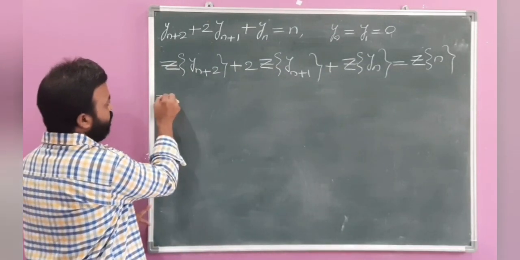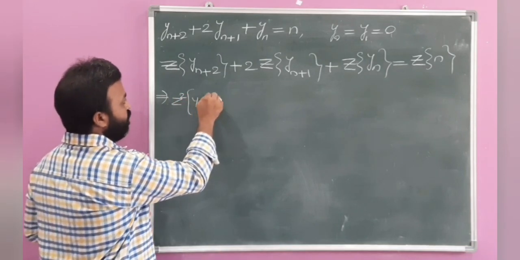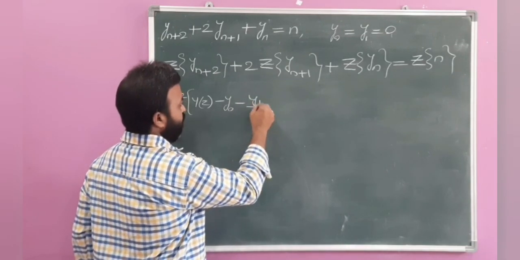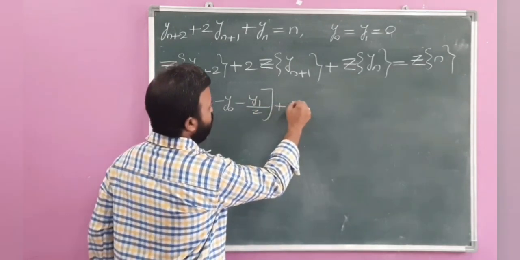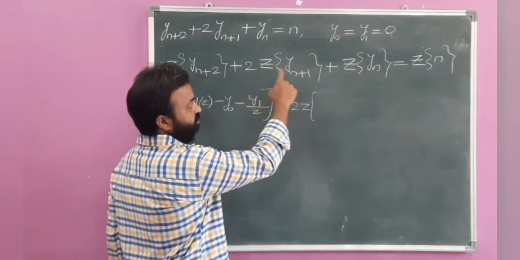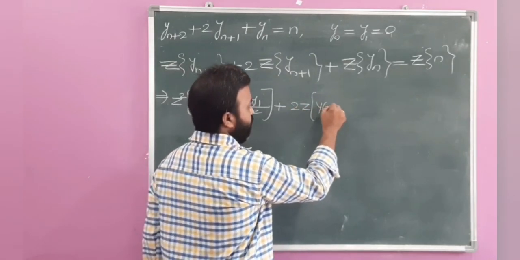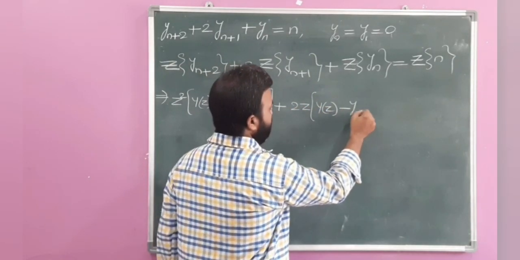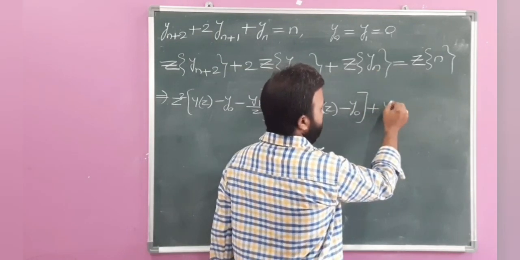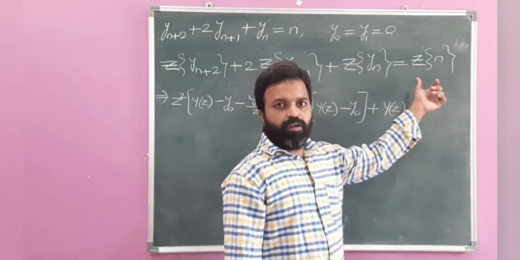Now by the shifting property, I can write this as z square into Y(z) minus y0 minus y1 by z, plus 2 into z into Y(z) minus y0, the shifting property for Z transformation of y(n+1), plus Z transformation of y(n), that is Y(z), and equal to Z transformation of n.